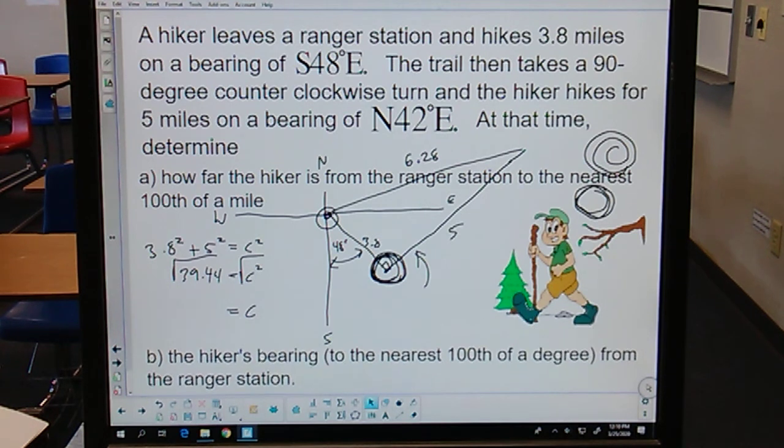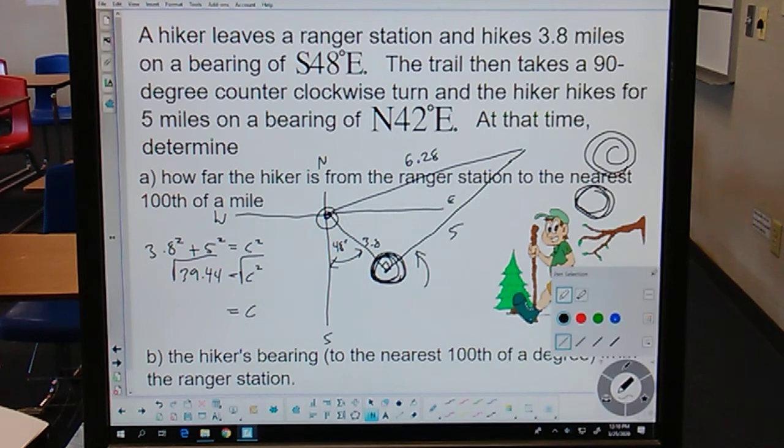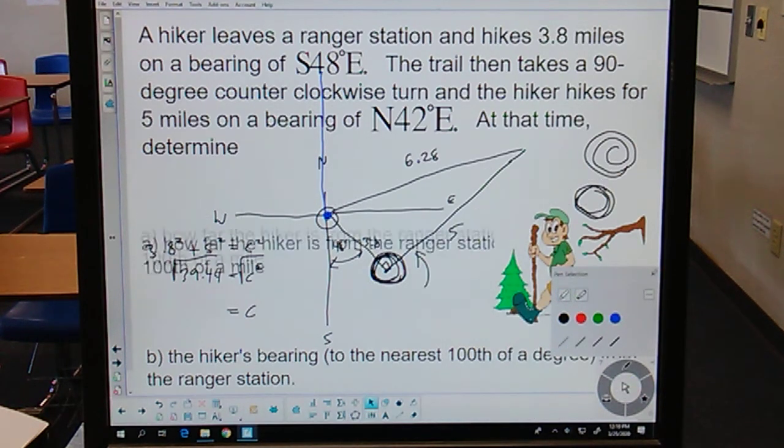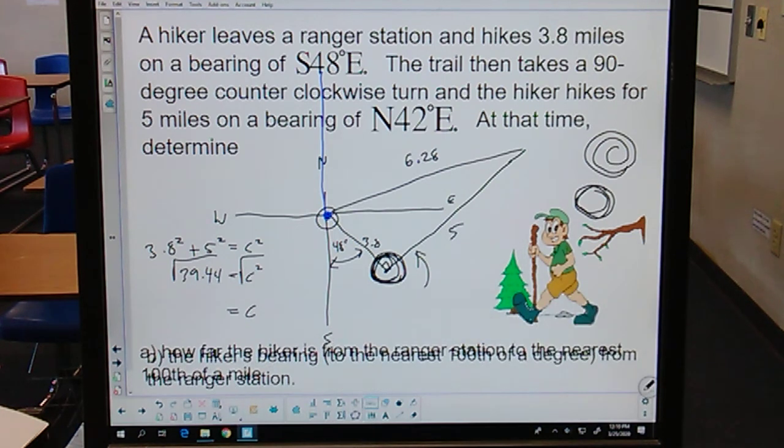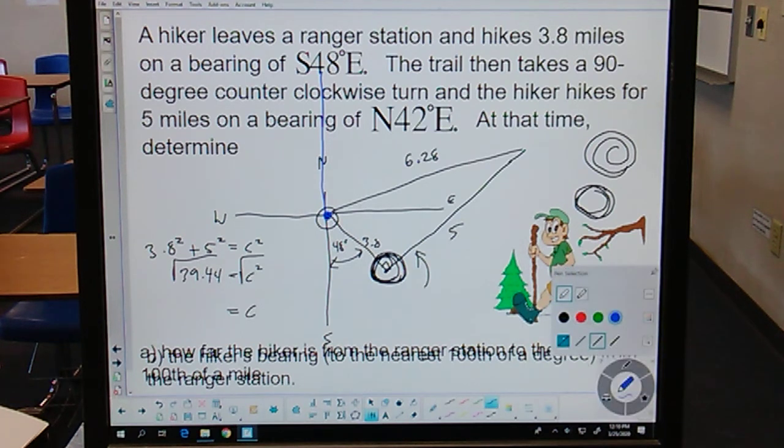So this is where we've got to do a little thinking and say that right here's the ranger station, and this north-south line is what we're trying to play off of. Let me bring this down here. Again, the bearing to the nearest 100th from the ranger station.